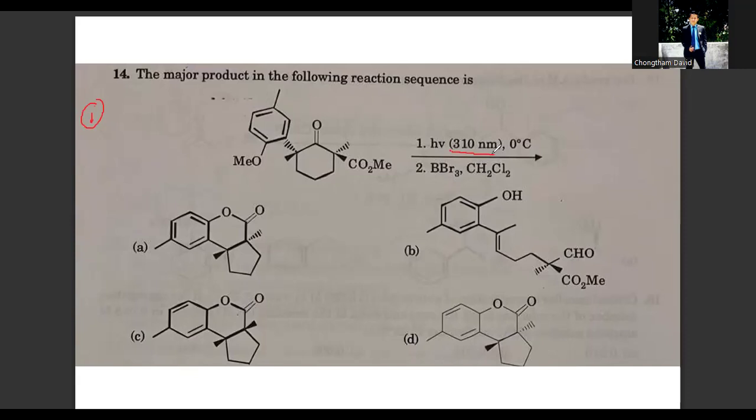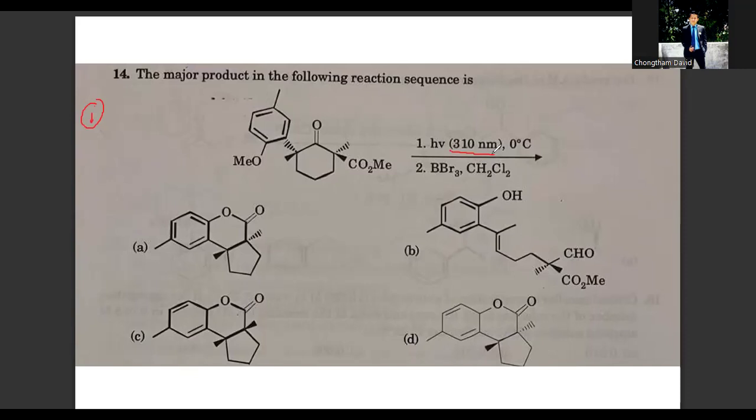So the first step involves irradiation with light, that is h nu, at 310 nanometer, which is a typical condition for a photochemical reaction. It occurs at a low temperature, and a low wavelength is required for this photochemical reaction to proceed.